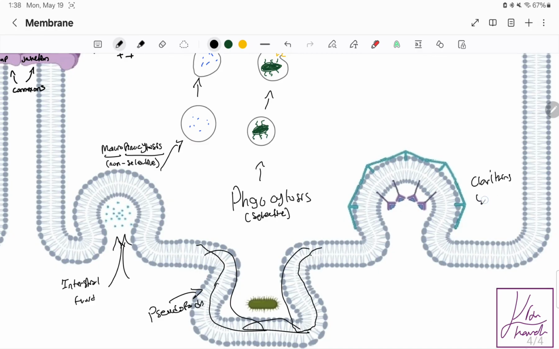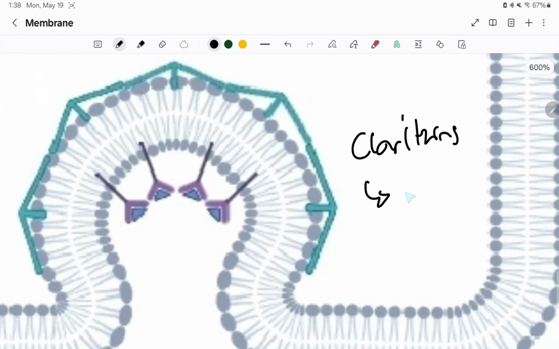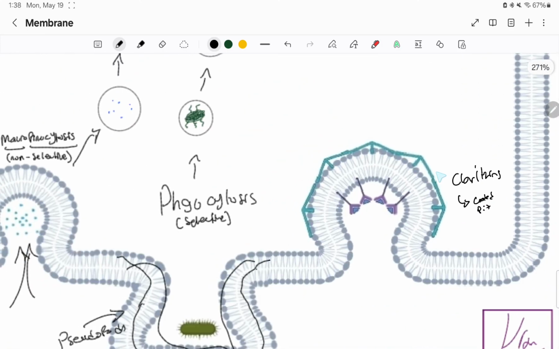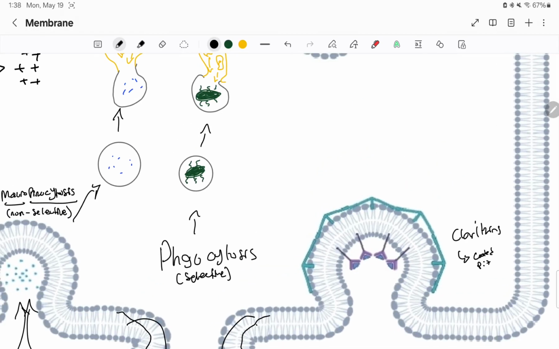This pit will then be called a clathrin-coated pit, okay? And these guys will start to pull on this membrane until it pinches off with the receptors and the ligands in there, okay?